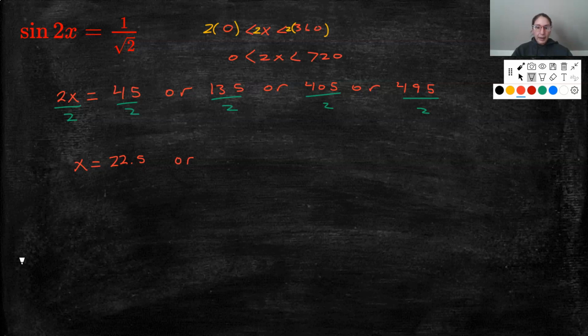Or 135 divided by 2, that's 67.5. Or 405 divided by 2, that's 202.5. Or 495 divided by 2, that is going to be 247.5.